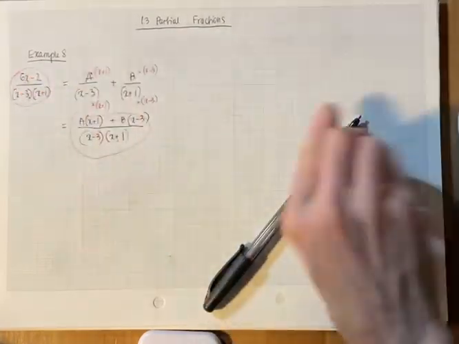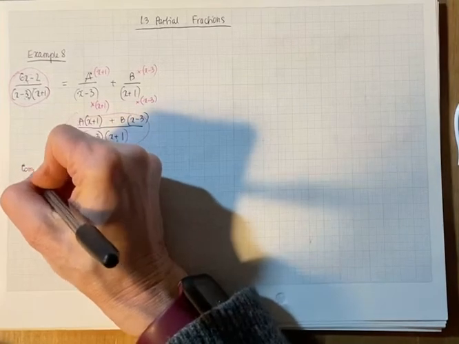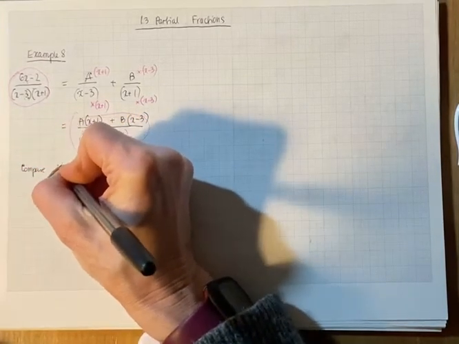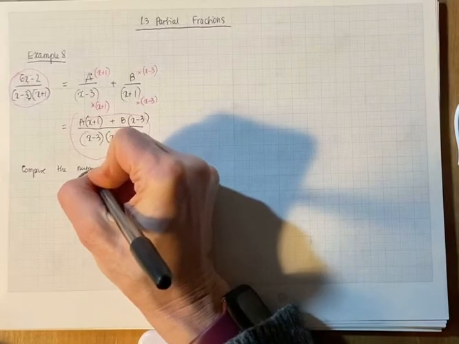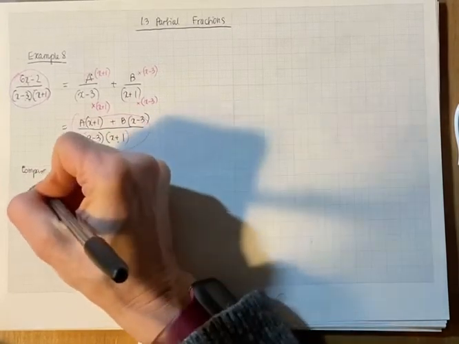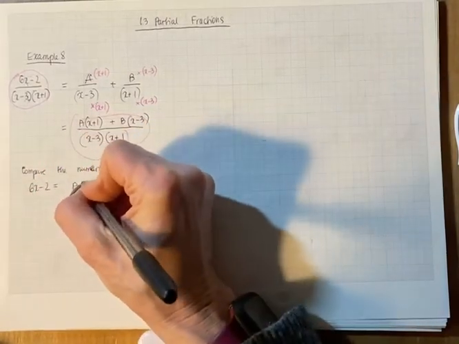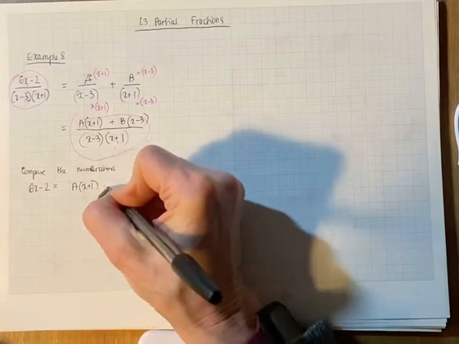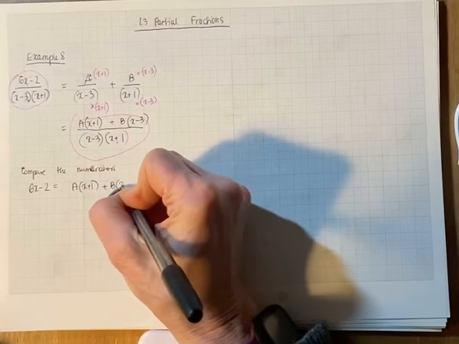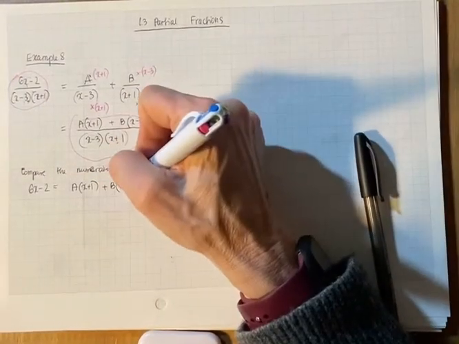So that means you can compare or equate the numerators. So it's 6x minus 2 must be equal to a times x plus 1 plus b multiplied by x minus 3.